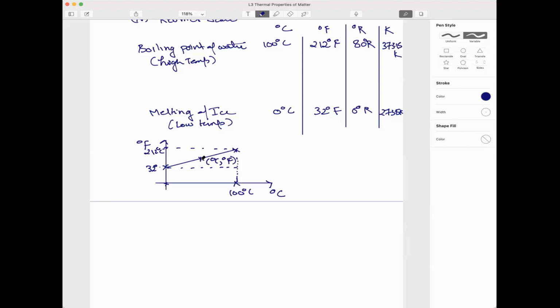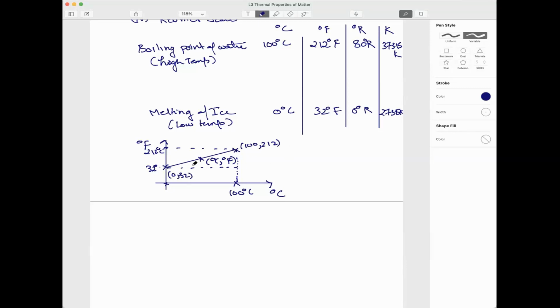The slope of this line is the same. Taking these two points, this point is 100, comma 212, and this is 0, comma 32.